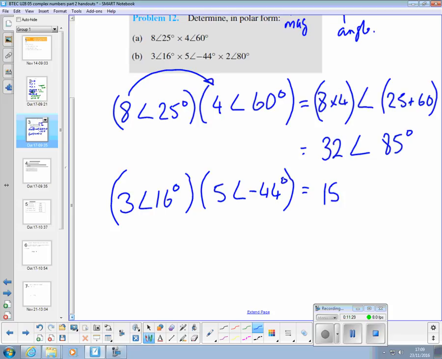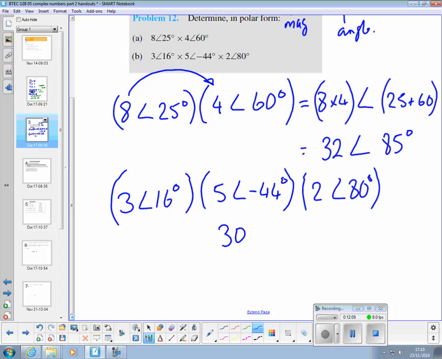Oh, I beg your pardon. Times 2 angle 80. So we've got to go 3 times 5 is 15 times 2 is 30. 16 plus minus 44 is minus 28, isn't it? 16 take away 44.